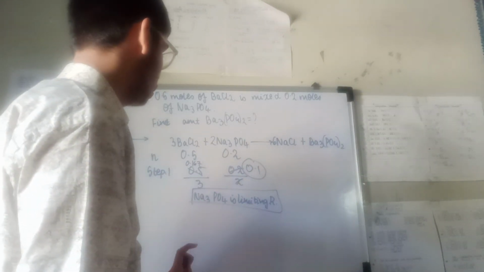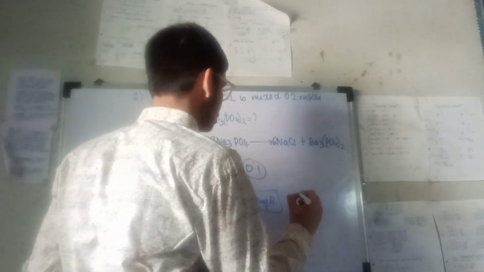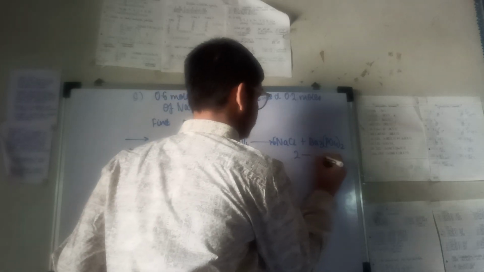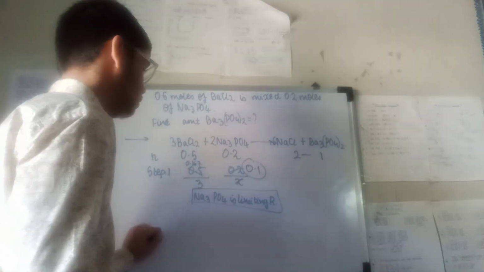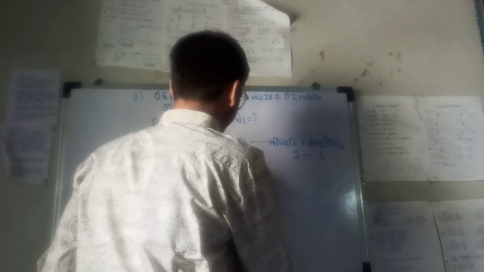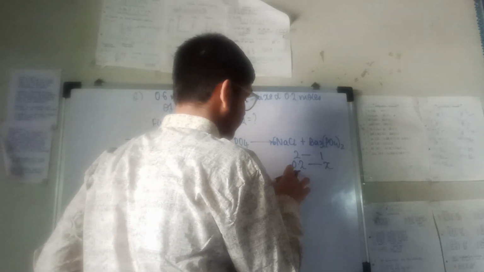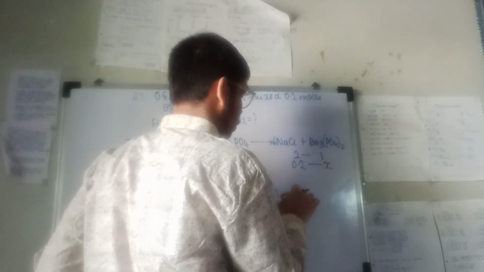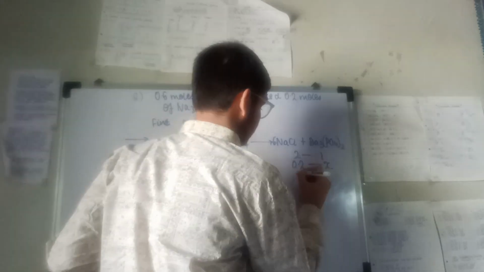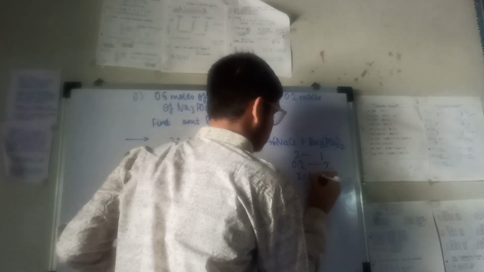Using the unitary method: 2 gives 1, so 0.2 gives 0.2 divided by 2, 0.1. So X is equal to 0.1 moles.